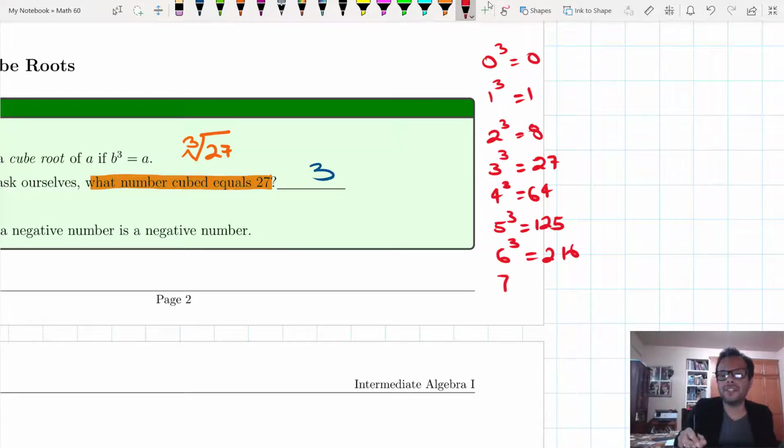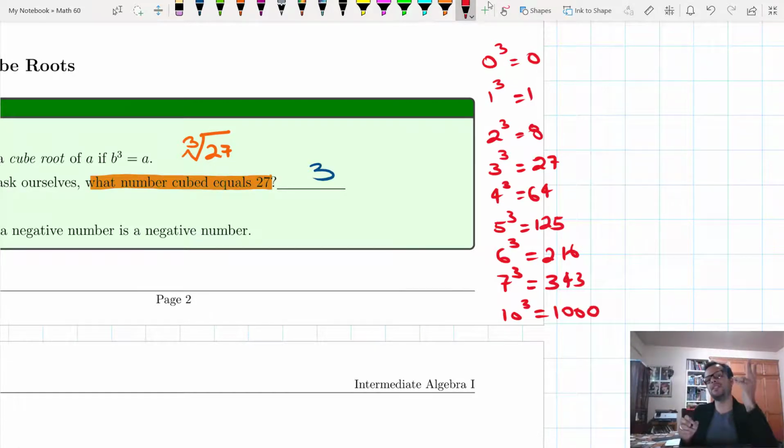And 7 cubed, which is 343. That's enough. We don't have to do all of them. Maybe we jump to 10 cubed, which is 1,000. That is multiply 10 by 10 times 10, that's 100 times 10, 1,000.